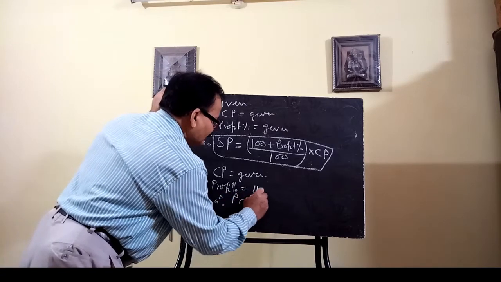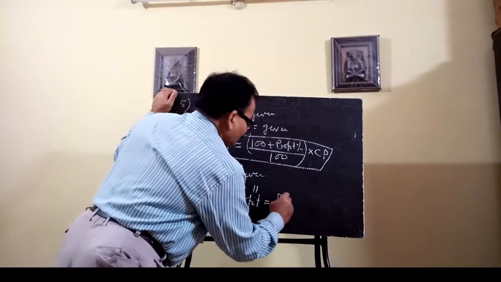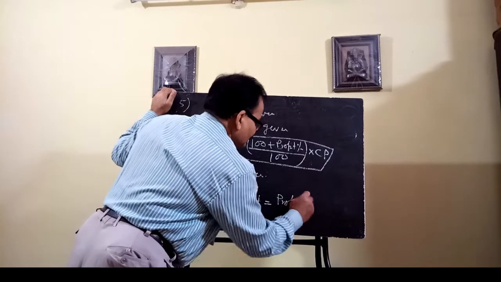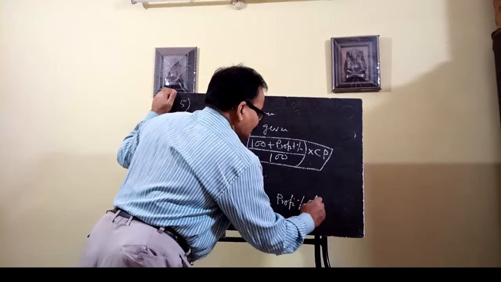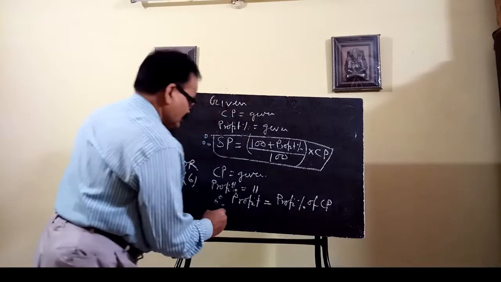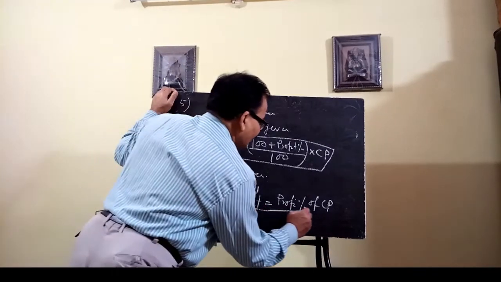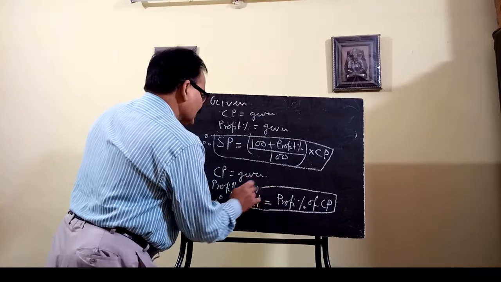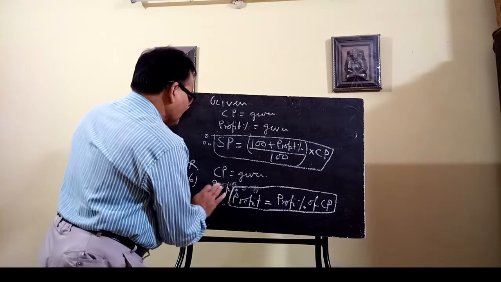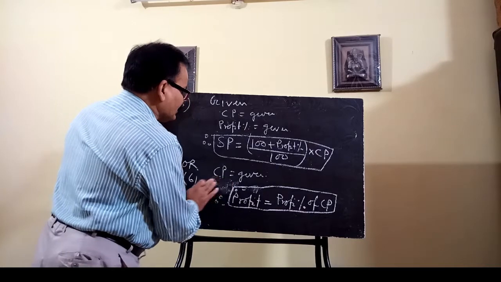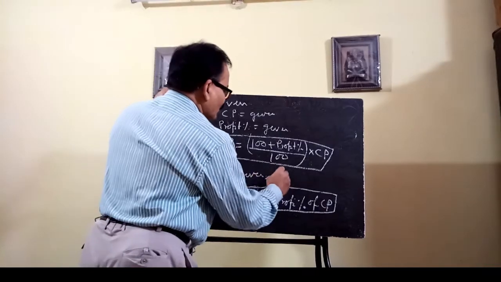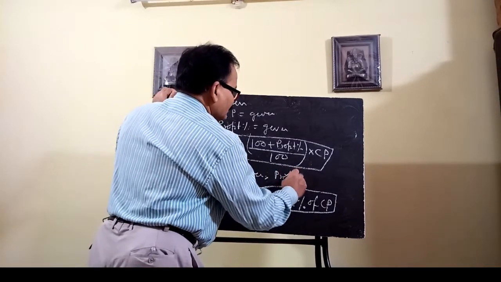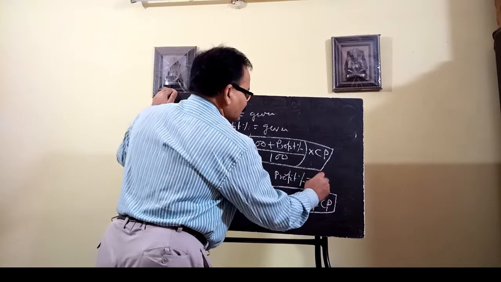Profit equals profit percent of CP. So here you can calculate profit percent of CP, then you will get the profit, because the given parts are CP and profit percent.